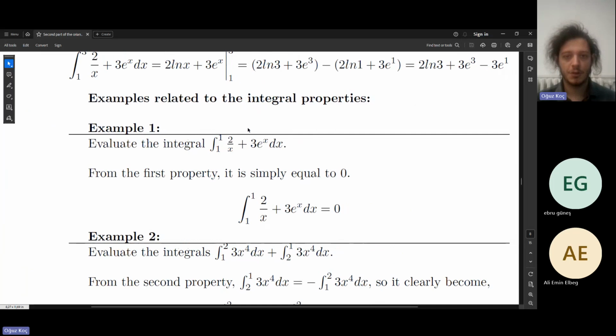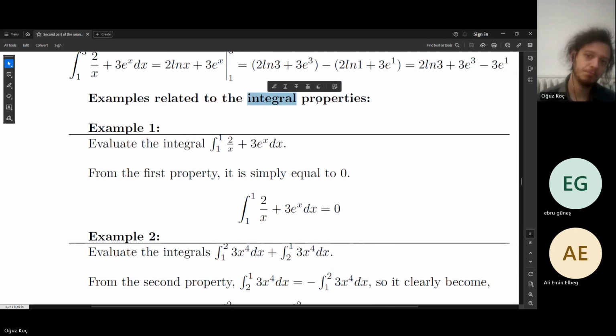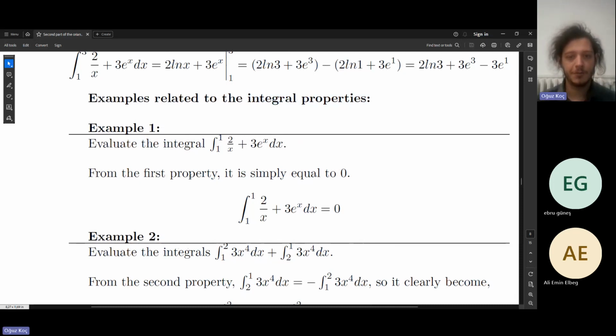And also for the properties of the integral, we have some additional examples. For the first property, which says if the limit points are equal to each other, then the result of this integral becomes 0.